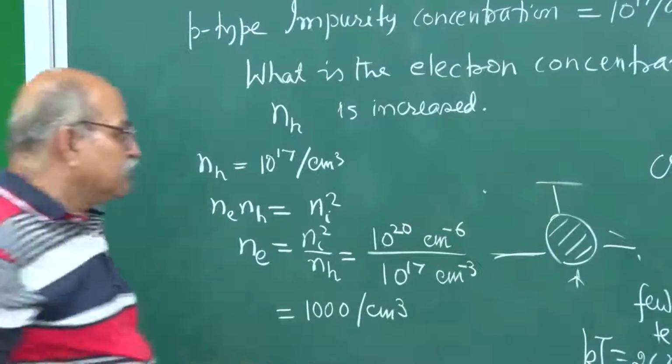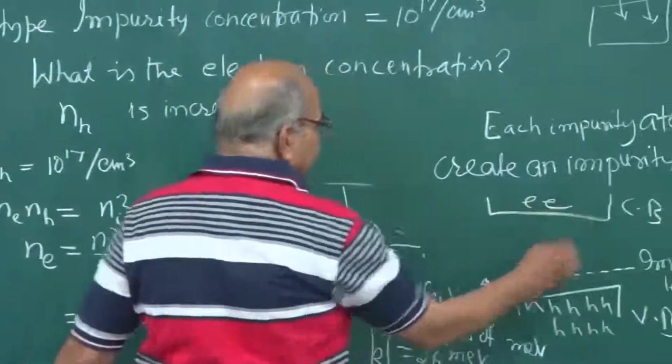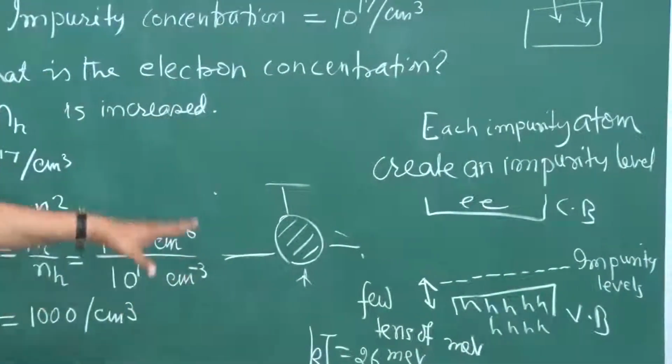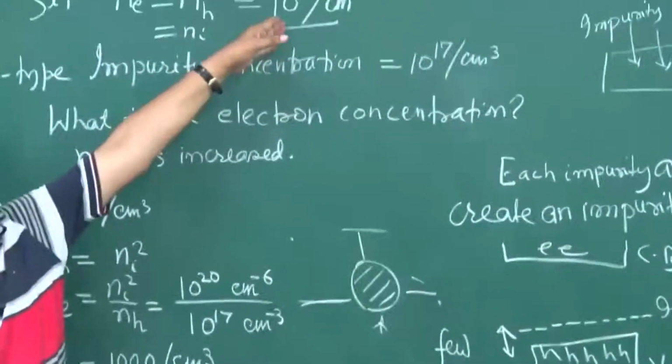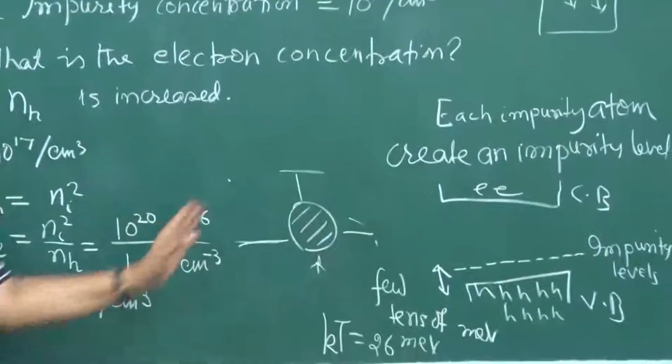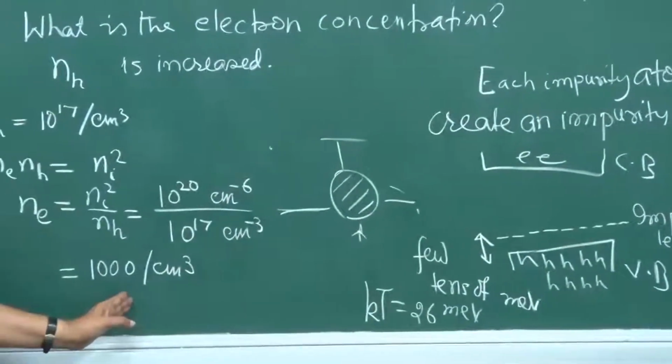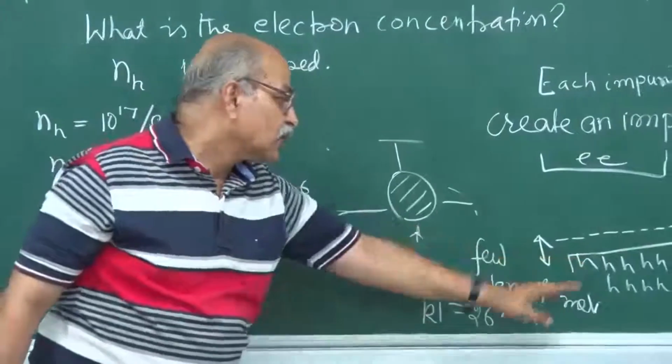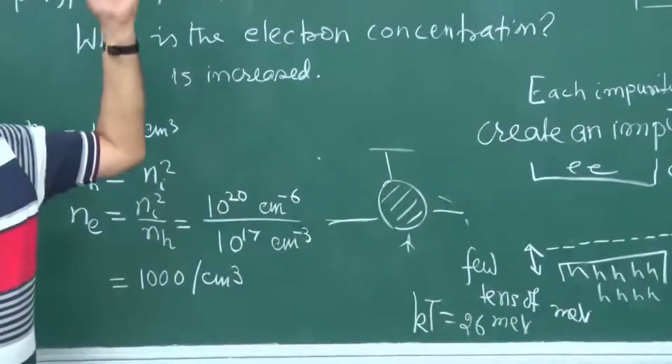So these will be the number of electrons which are here. When there was no doping, that number was also 10 power 10. But because of this doping, this number has gone down to just 1000, whereas the hole number has gone up to 10 power 17.